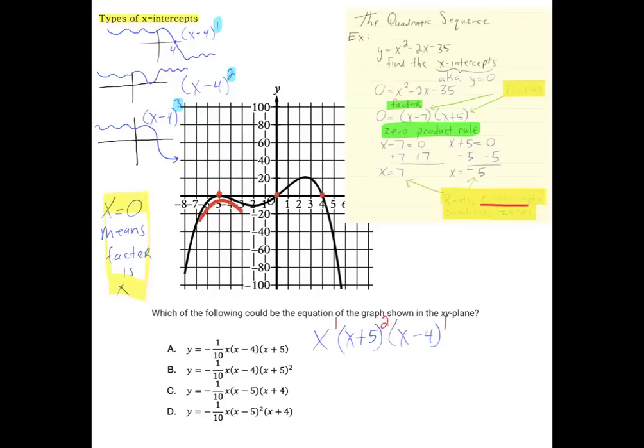So the one that bounced was this one right here. The other two just simply crossed the street. And so we have x to the first, x plus 5 to the second, and x minus 4 to the first. So answer choice B has all three of those.